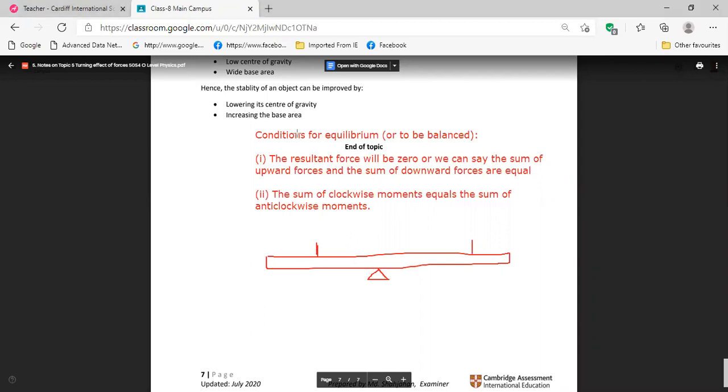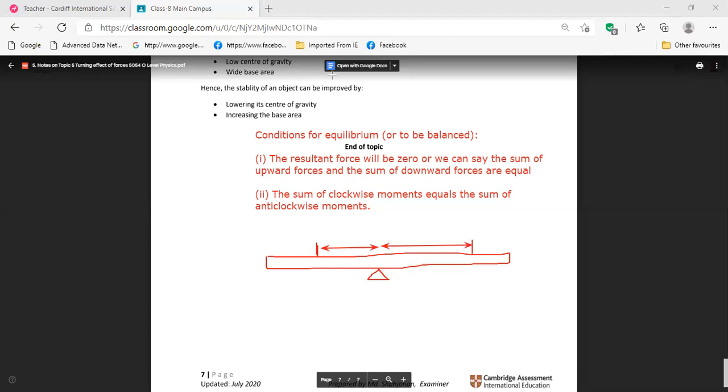From here to here is 0.8, and from the position of the pivot till here, Taki's position, it is 1 meter.